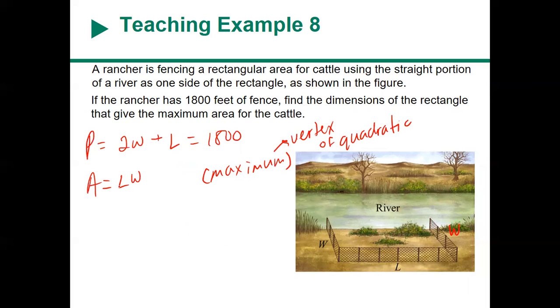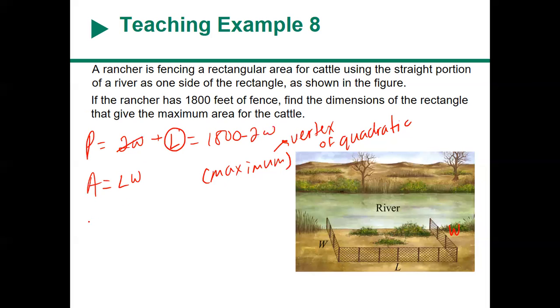Okay, so in order to solve for area, I'm going to have to substitute in for either L or W. And at this point, looking at perimeter, the fastest thing to substitute is L. And that's because I can easily get L by itself. What would I need to do to get L by itself? Subtract the 2W.